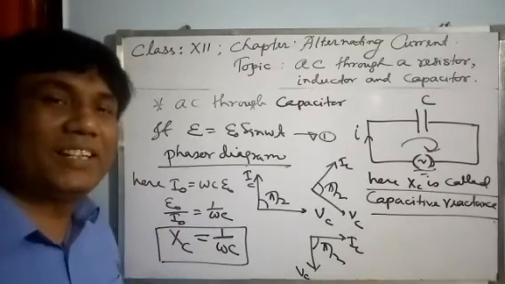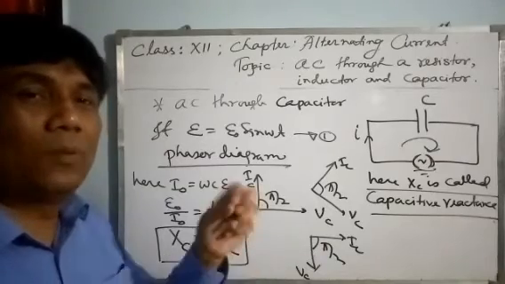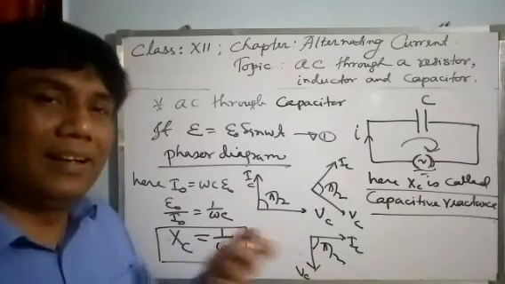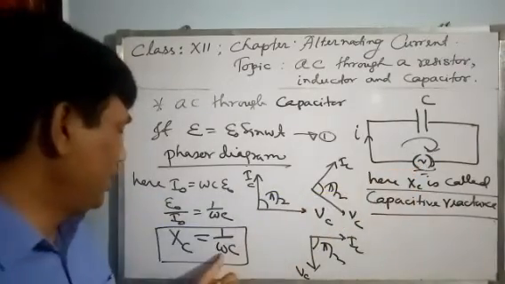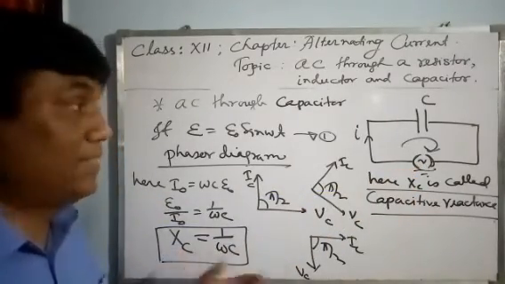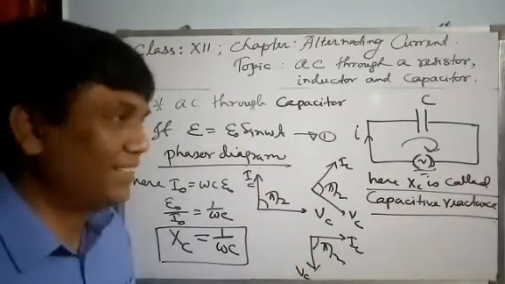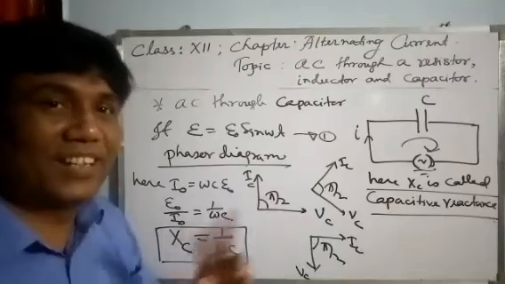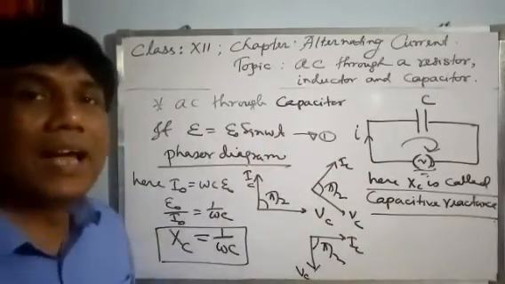In a pure inductive circuit and a pure capacitive circuit, it is completely reversed. One opposes high frequency and the other loves high frequency. If frequency is more, reactance is less, so the capacitor allows high frequency. The inductor does not allow high frequency; the inductor allows low frequency, and the capacitor allows high frequency.